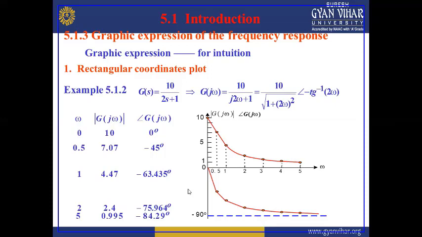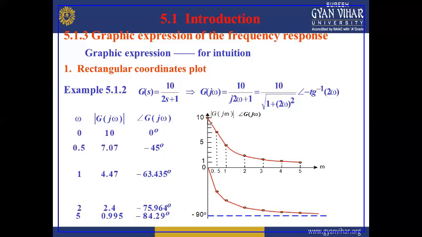Similarly, when we plot these continuous variations of omega, we will have two different plots: one is the magnitude plot and the other is the phase angle plot.